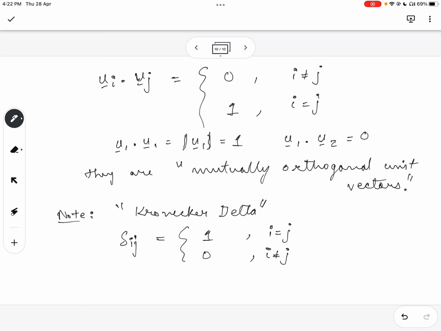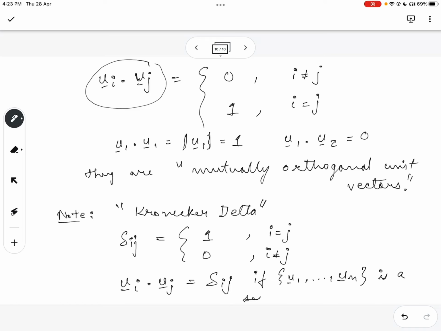So given our set of orthonormal vectors, we can write this definition ui dot uj as delta ij. So ui dot uj is equal to delta ij if u1 to un is a set of orthonormal vectors.